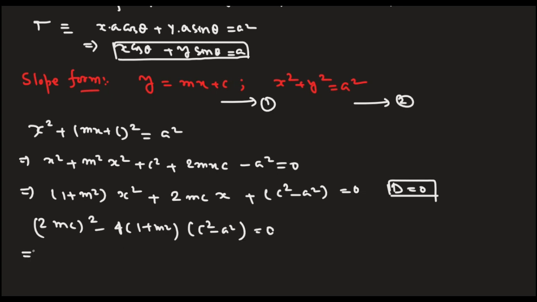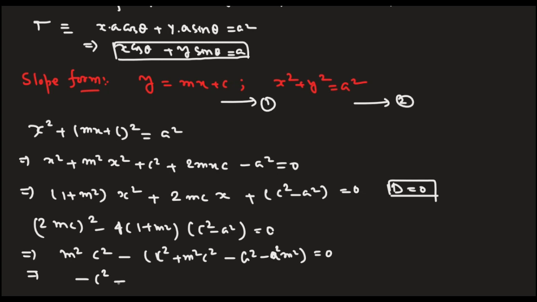So from here 4 cancels out, so we have m square c square minus c square, then m square c square, then minus a square, and then minus a square m square equal to 0. So now m square c square cancel out, so what we have is minus c square equal to negative a square and then again negative a square m square.